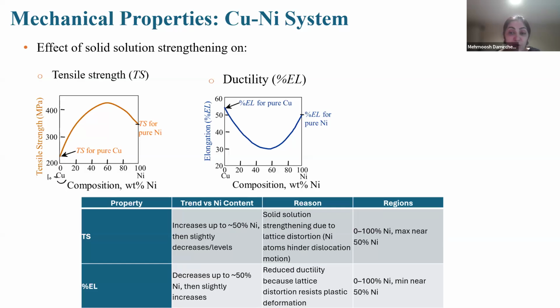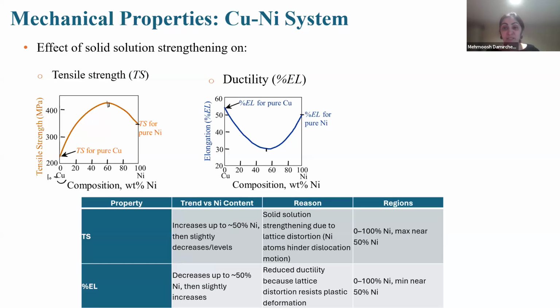When dislocation motion is harder, it means an increase in TS, or tensile strength. And we see that it increases up to a peak here, about 450, and then decreases again. But elongation decreases until it reaches a minimum here, and after that increases a little.